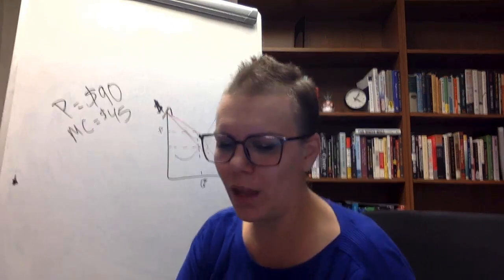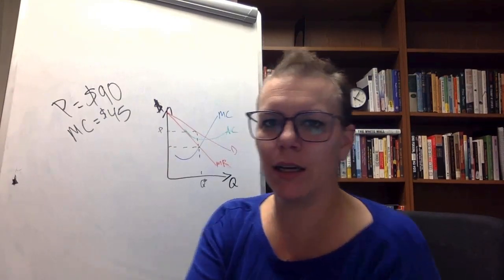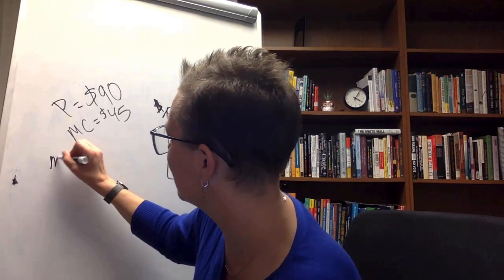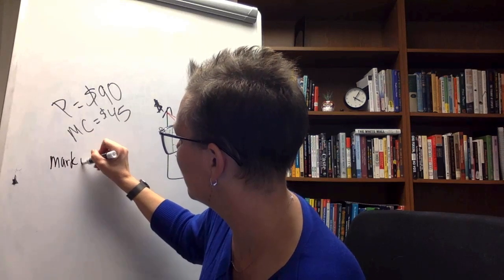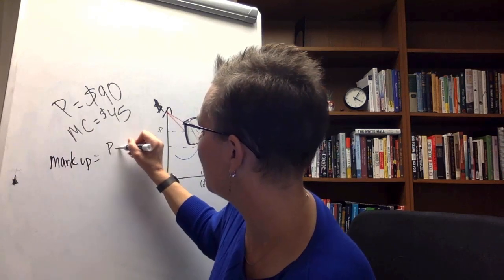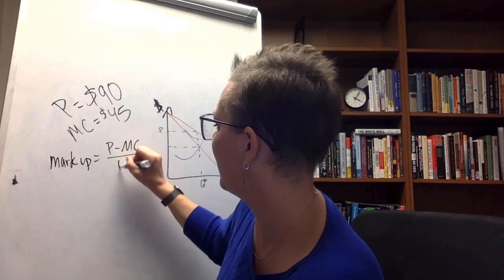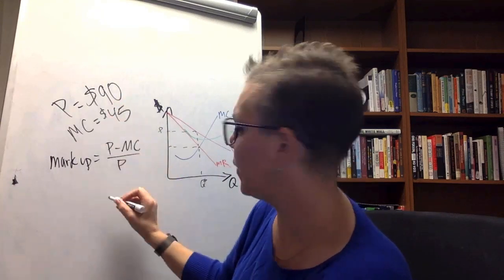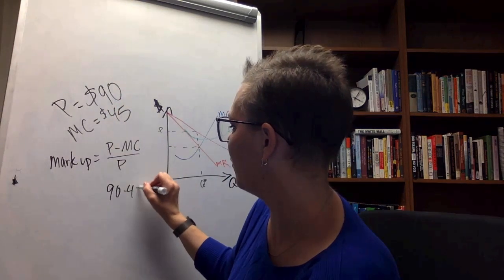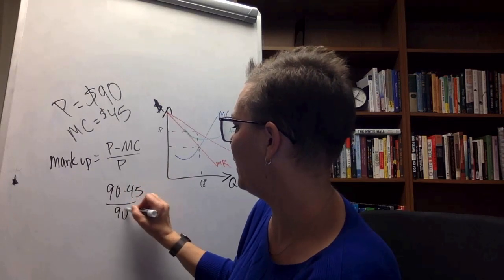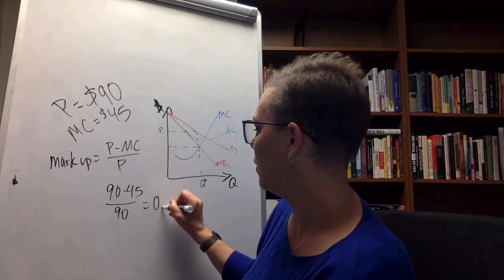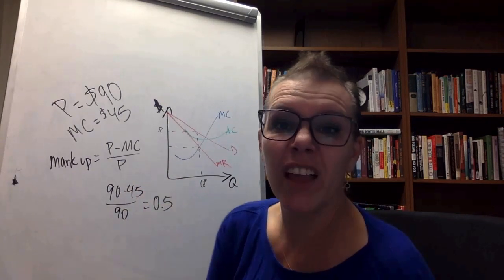So how do we find markup? Super easy. Markup is price minus marginal cost divided by price. So in this case, we have 90 minus 45 divided by 90, which should give you 0.5, 50%.